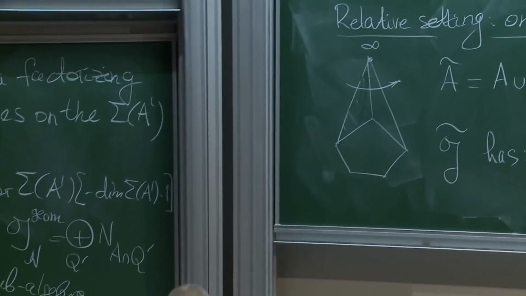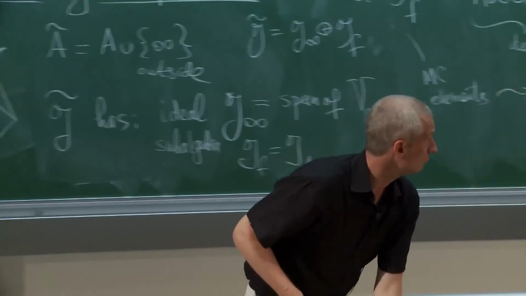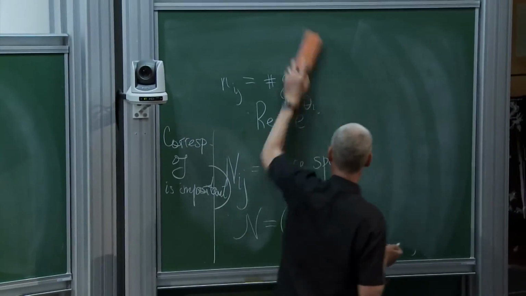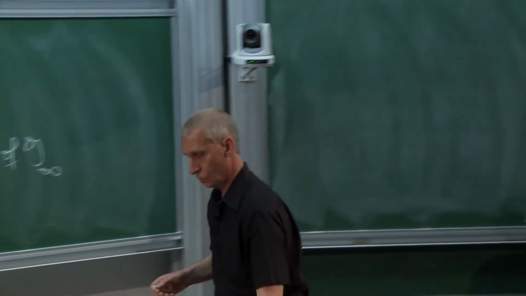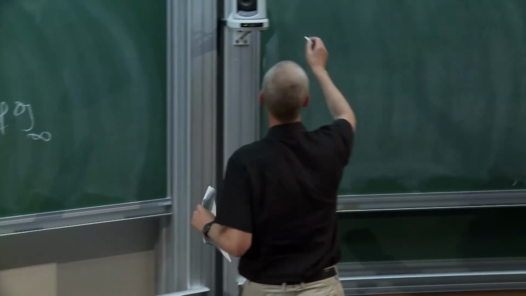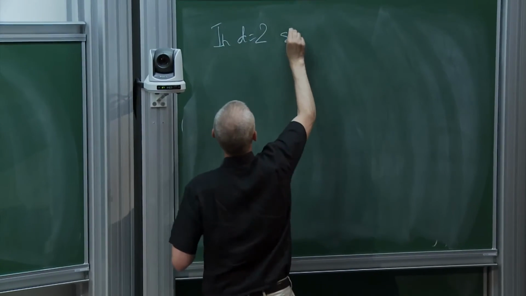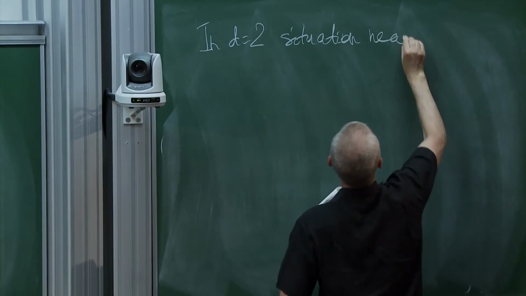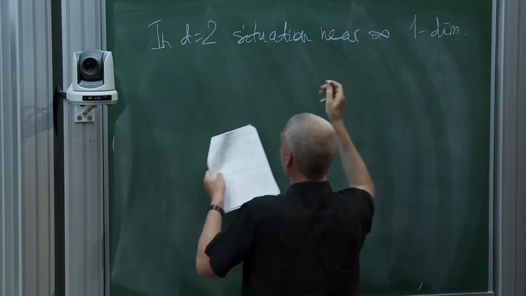So in the D equals 2 situation, near infinity is one dimension, so everything is ordered.